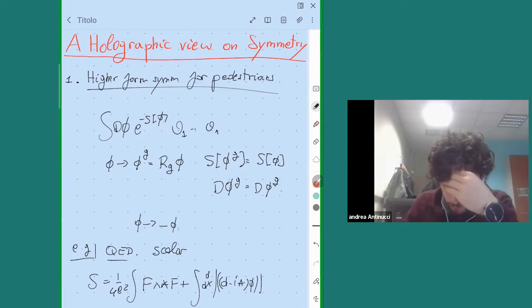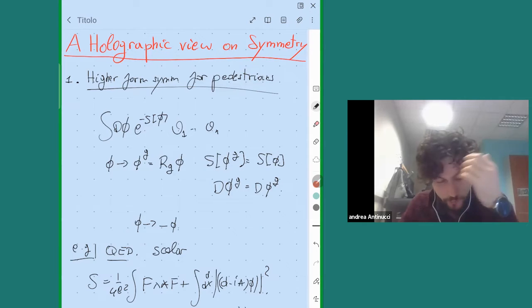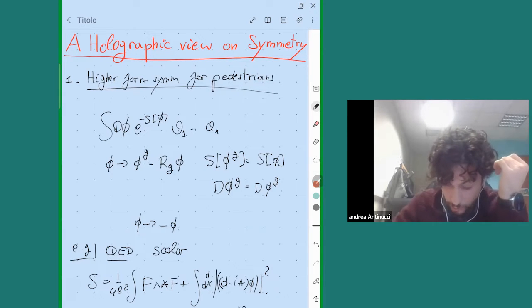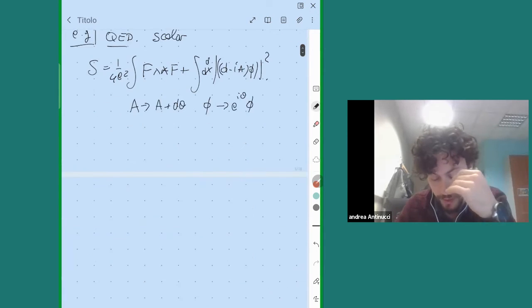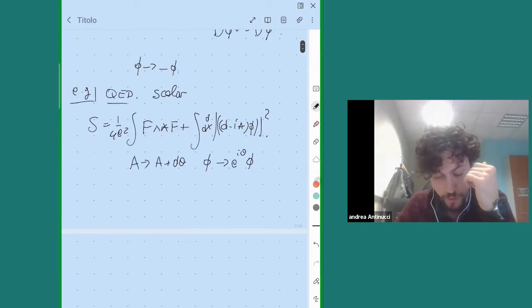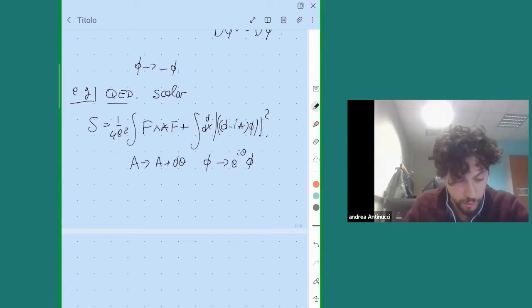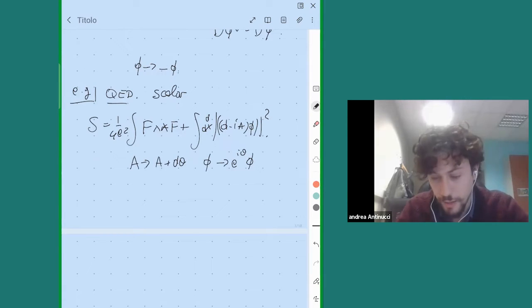Okay. So obviously this action has a gauge invariance. Everybody knows this very well. And this gauge invariance, of course, is not a global symmetry because nothing is charged. No good operator, no gauge invariant operator, by definition, is charged. You can try to take the constant part of the gauge transformation.